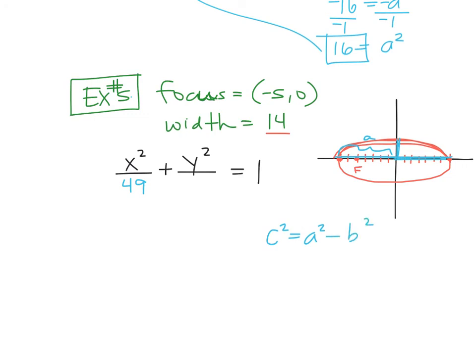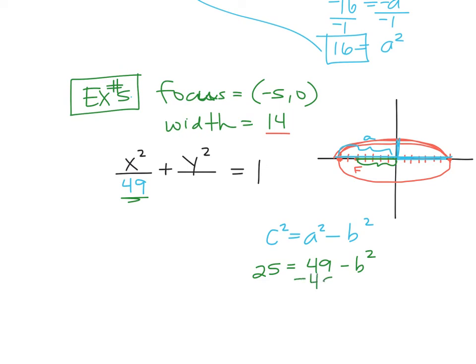Our C squared right now, remember the length of C is this distance. So our C length is 5. So we're doing 5 squared, or 25, equals A squared we already have, 49, minus B squared.